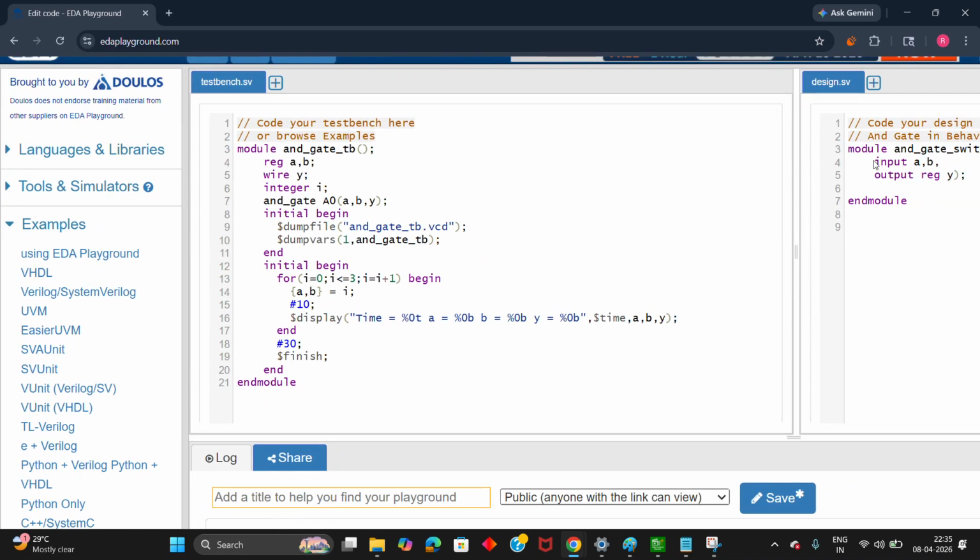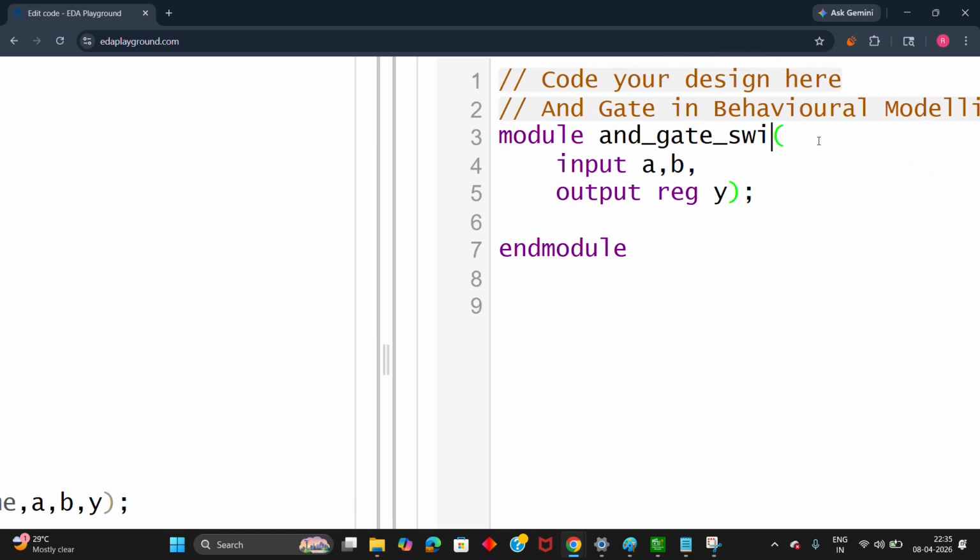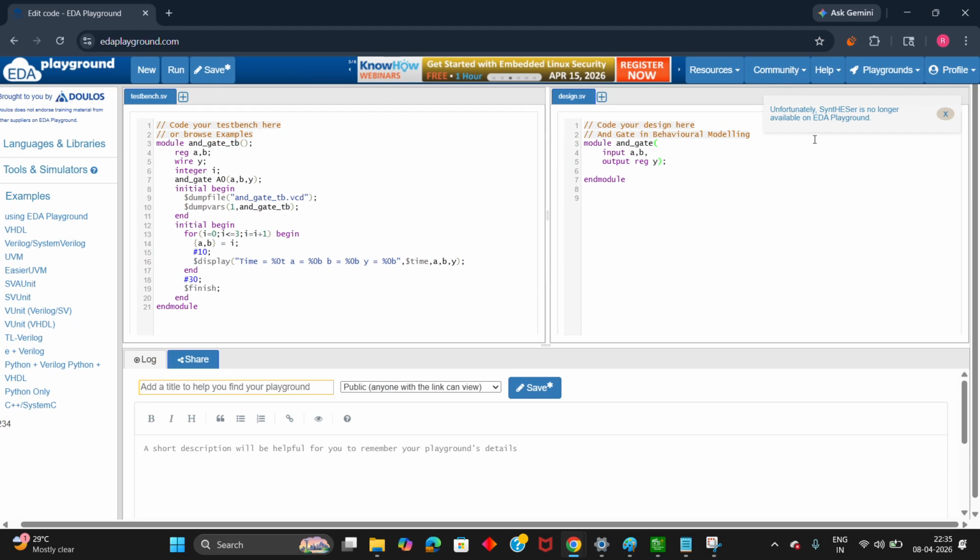If you are not going to perform any changes to the module name in the design code, then it is not required to make any changes in the test bench. Same test bench can be used for any levels of abstraction.